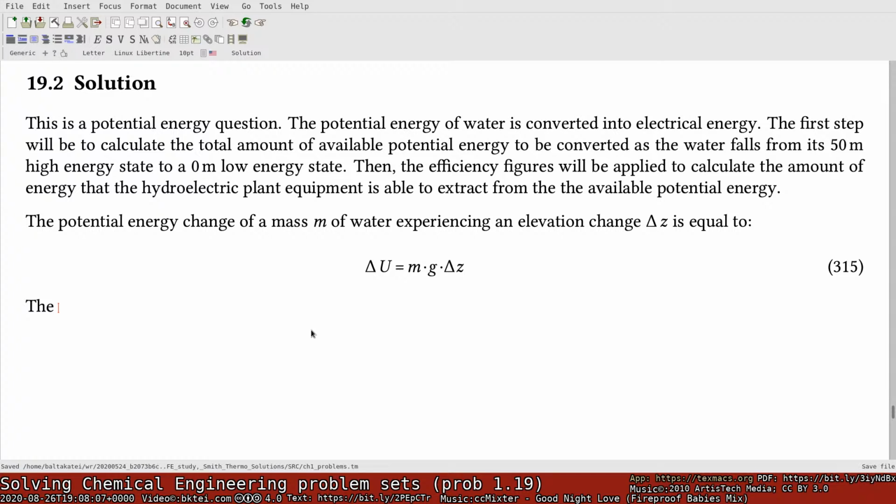That's a potential change in mass. Okay, and then the amount of energy, so we don't know the amount of mass. So we want a mass flow rate, don't we?